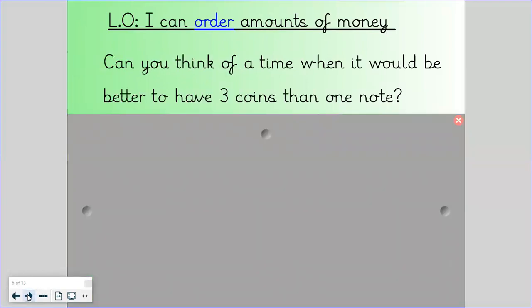A challenge question for you here. Can you think of a time when it would be better to have 3 coins than 1 note? So behind my screen shade, I've got a circle with 3 coins and a circle with a note. Can you think of when it might be, what 2 amounts it might be? 1 amount that's 3 coins, 1 amount that's a note. Maybe pause the screen if you want to stop and really think about this one.